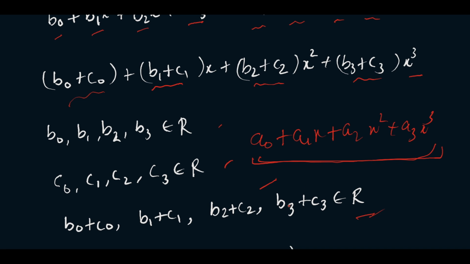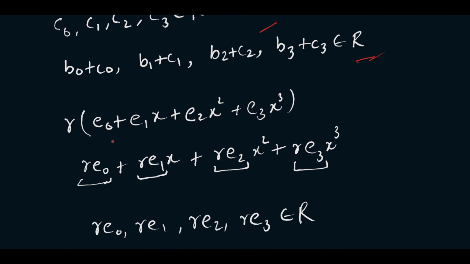Now let us multiply our polynomial with some constant, say r. Our polynomial here is e0 plus e1x plus e2x square plus e3x cube. When you multiply a polynomial with r, you get r times e0, r times e1, r times e2, r times e3. Now r and e both belong to the real numbers.